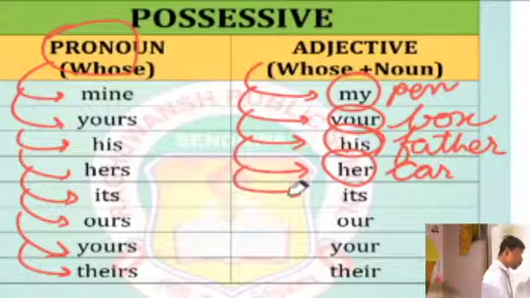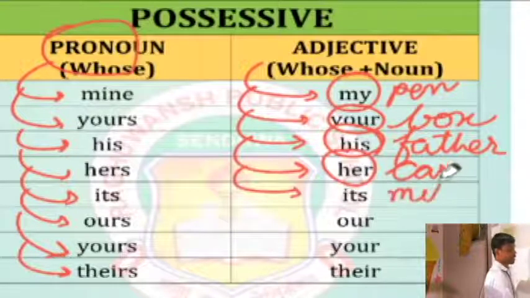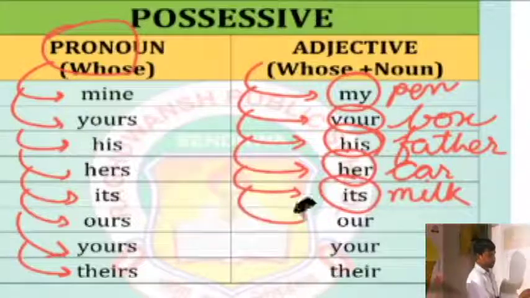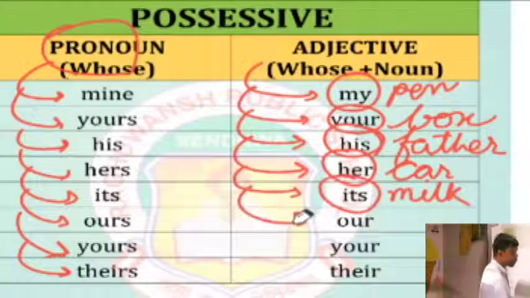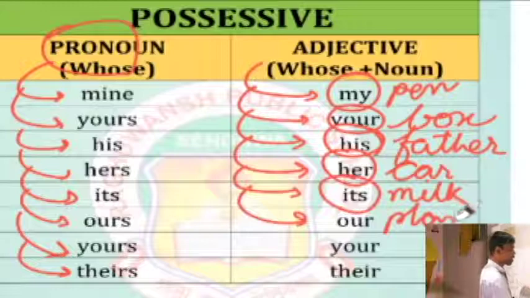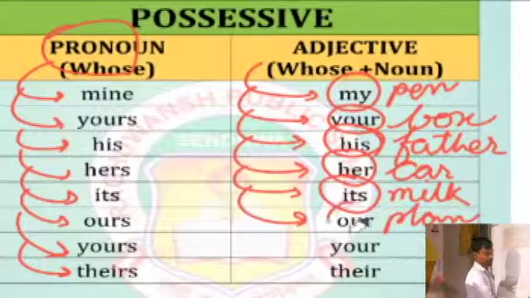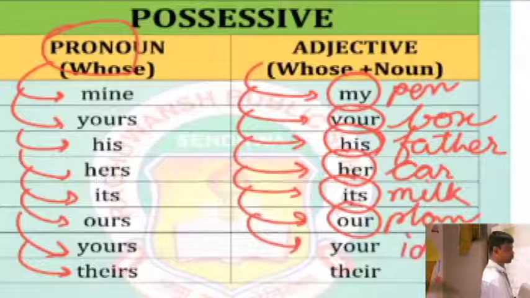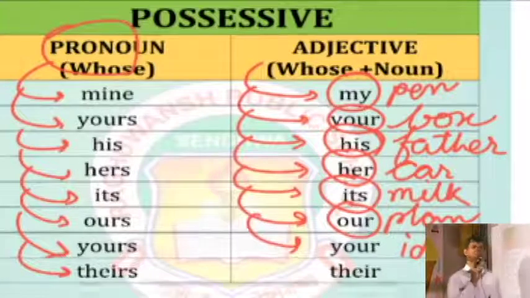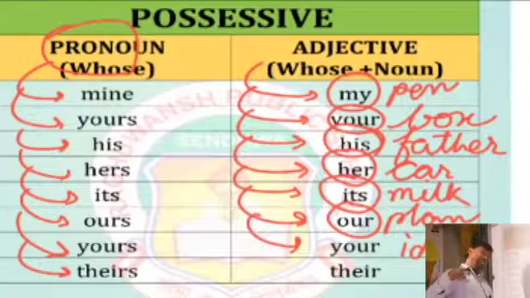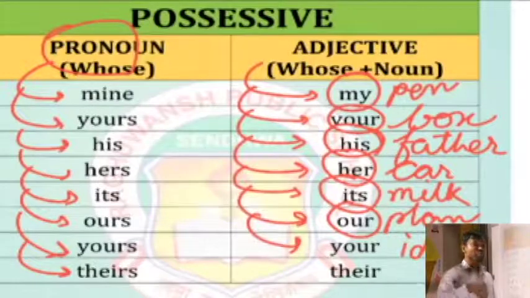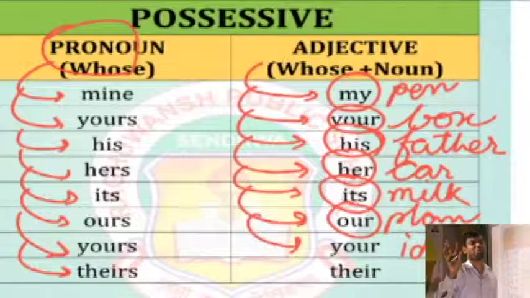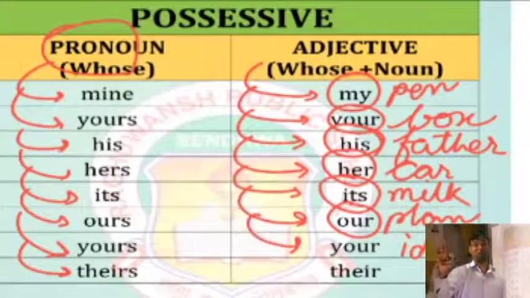Whose milk? Its own milk. Its milk. Our plan. Your idea is good. My idea is also good. Their idea is best. Wow, awesome.